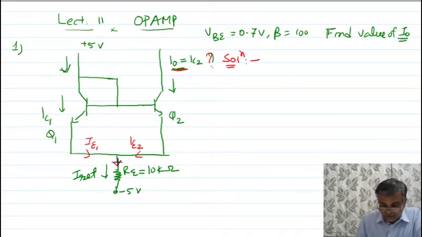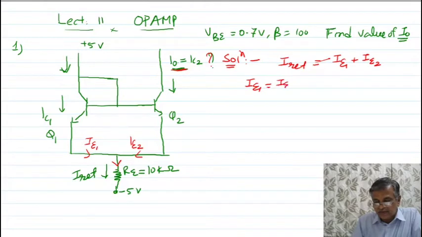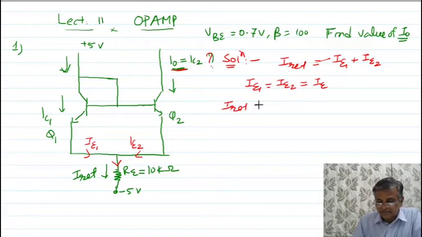So from the circuit I can write I reference is equal to IE1 plus IE2. Due to identical transistors, we are taking IE1 is equal to IE2 is equal to IE. So I reference is nothing but 2IE.